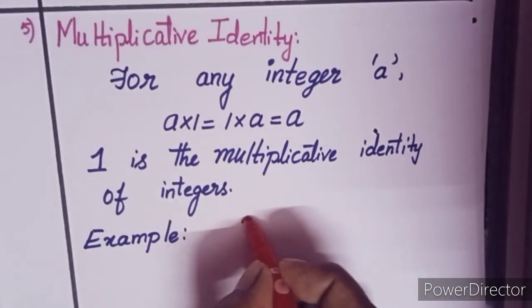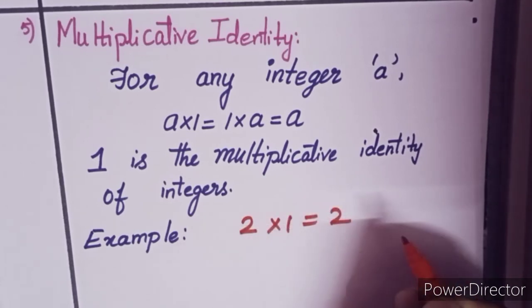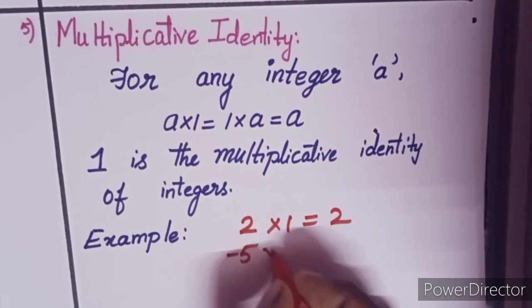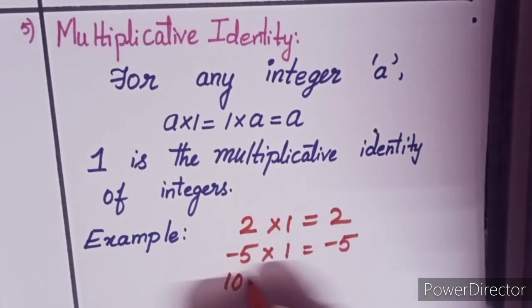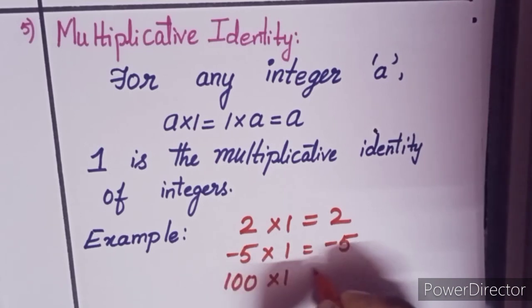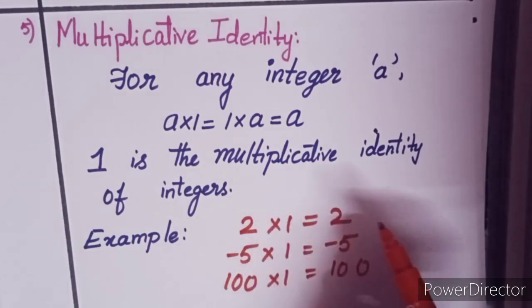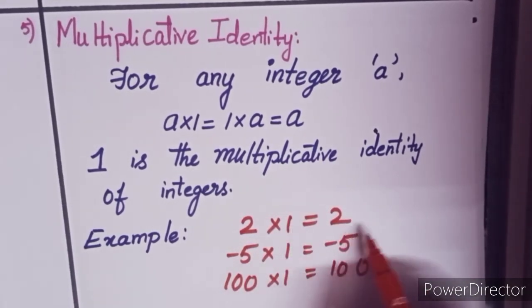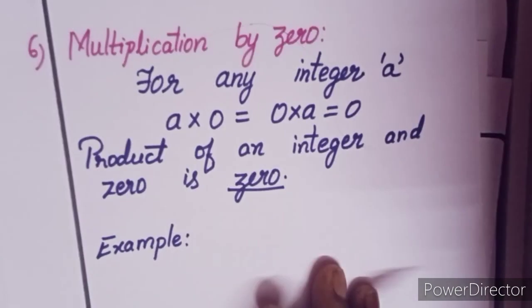For example, let us take 2. 2 ones are 2. This is a positive integer. Let us take minus 5 into 1. That is minus 5. Suppose we take 100 into 1. We get 100. Now you have understood, children? When we multiply with 1, we get the same number. So here 1 is the multiplicative identity of integers.